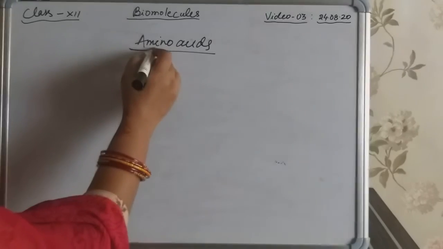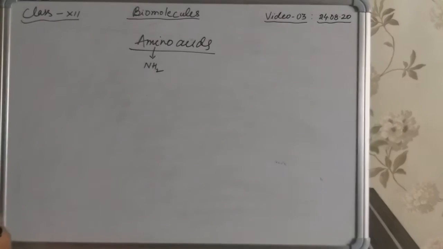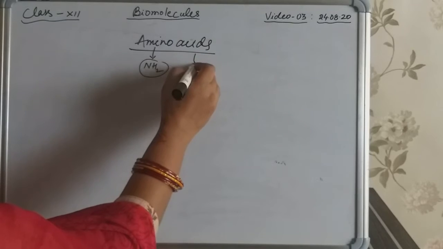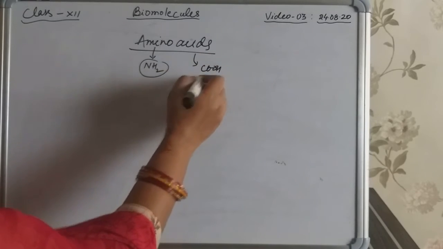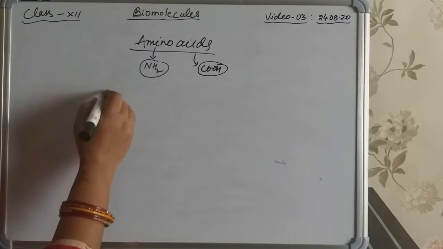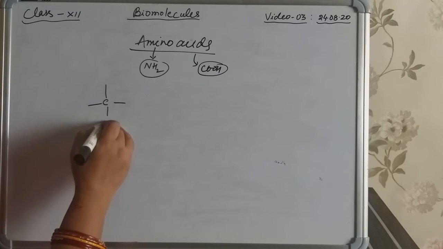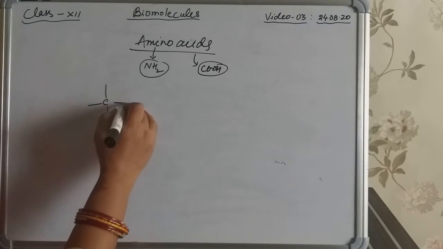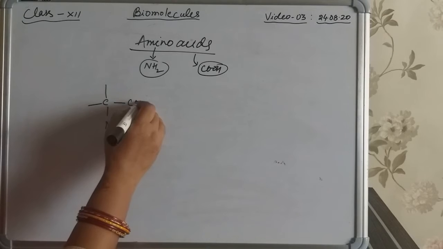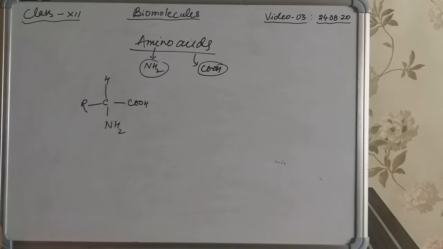As the name clearly shows, there is the presence of one amine group, and acid means one carboxylic acid group. If a compound contains both functional groups, it is called an amino acid. NH2, COOH and H, and there is an alkyl group.